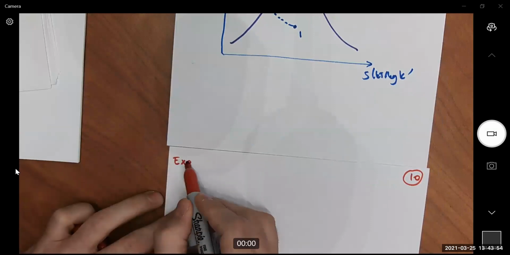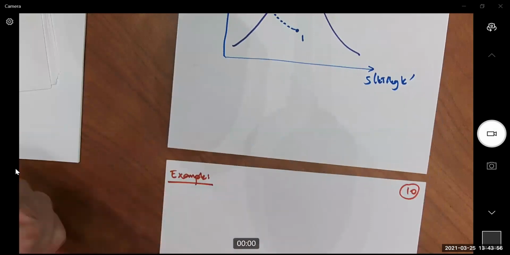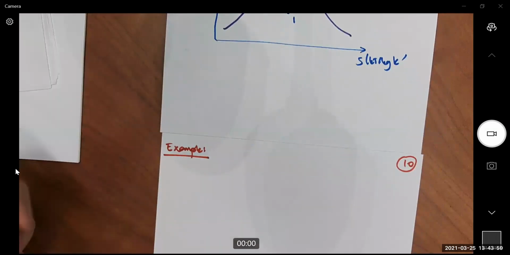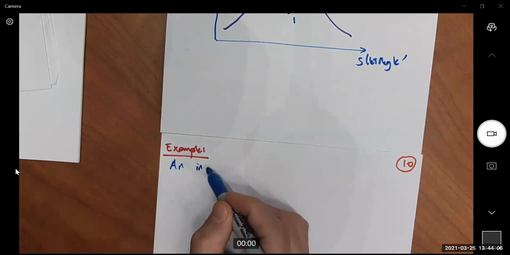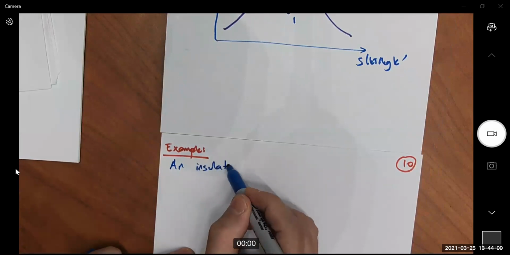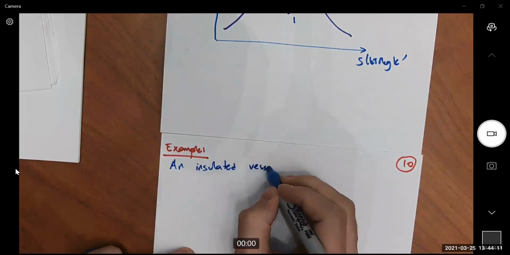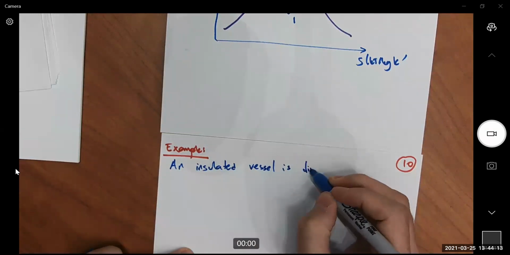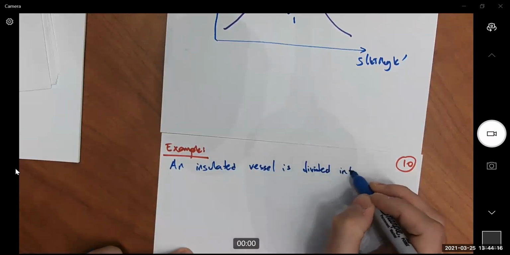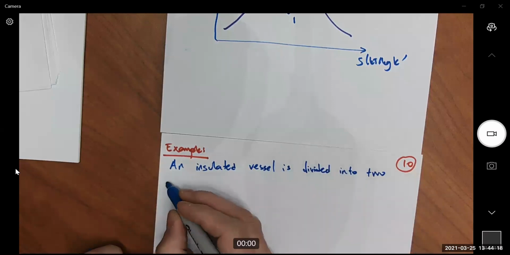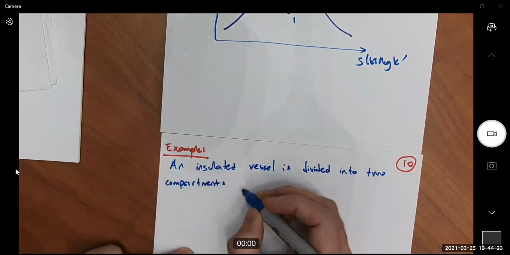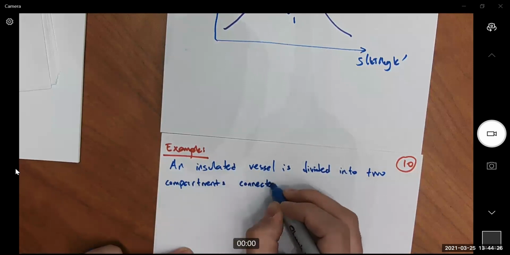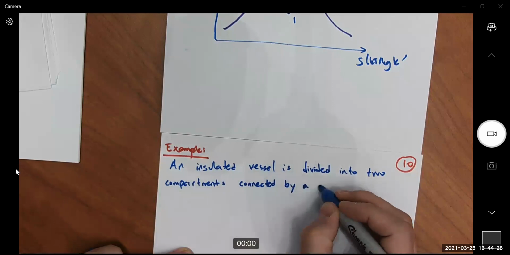Example. An insulated vessel is divided into two compartments connected by a valve.